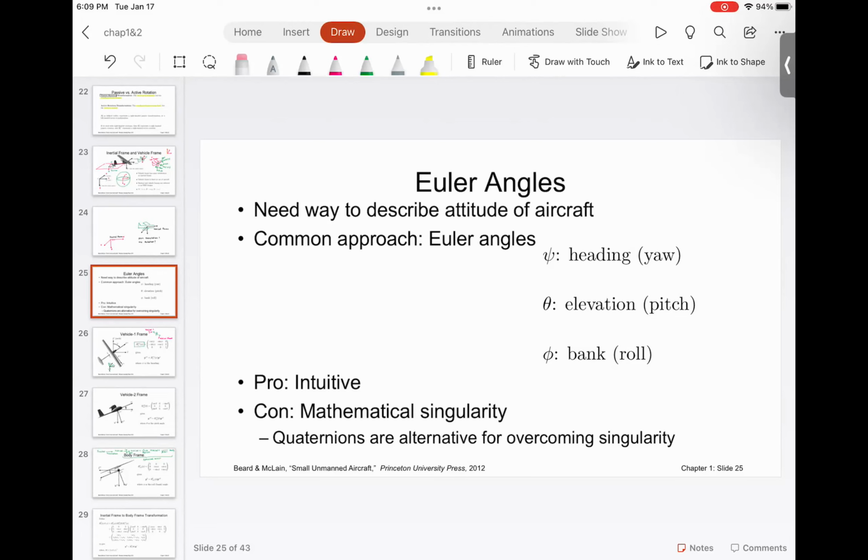It's a four-dimensional quantity. And the advantage of quaternions is that they do not suffer from this 90-degree pitch singularity. All the computer graphics that you are working on, all the animations that you are looking at, as a matter of fact, the advanced flight control systems, all of them use quaternions.